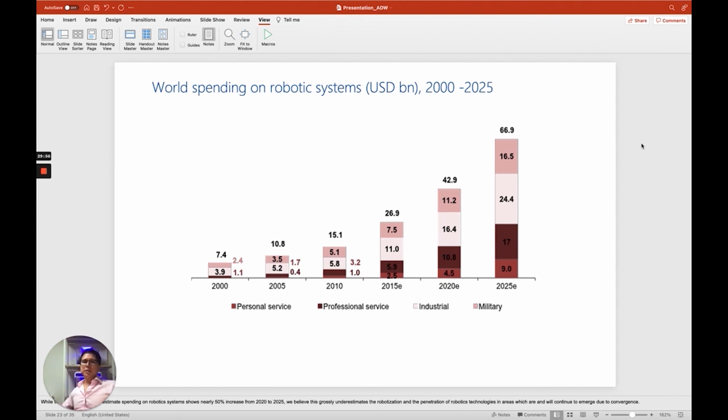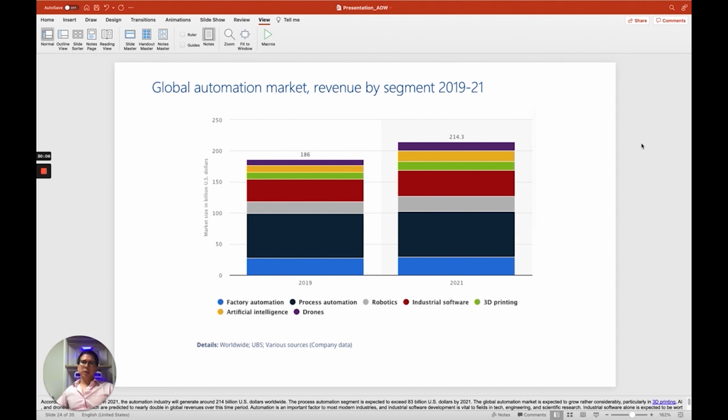So of course, this is just a chart on the world spending on robotic systems. I would argue that this number is rather conservative, but I won't touch on that too much. Global automation market, I think one of the biggest growth areas, with massive returns, is going to be the warehousing market, and we see that by all the acquisitions that have been taking place.